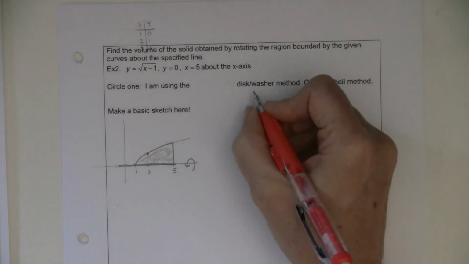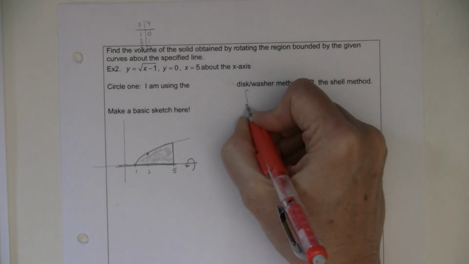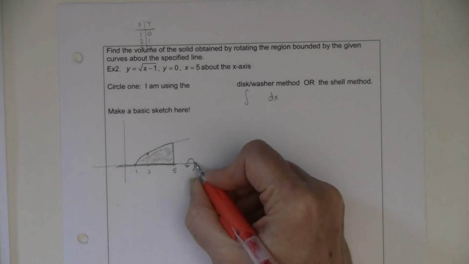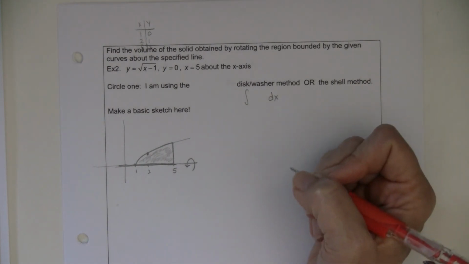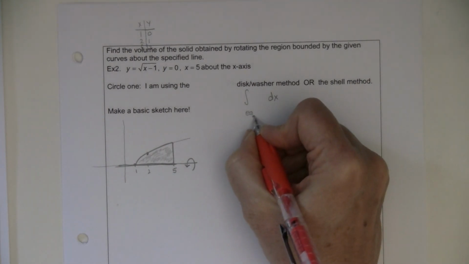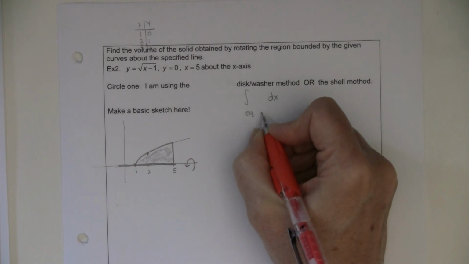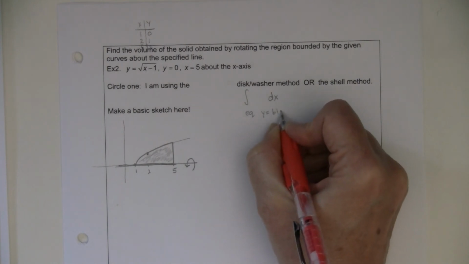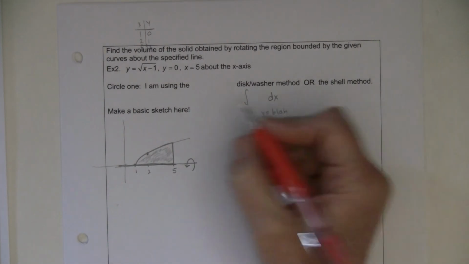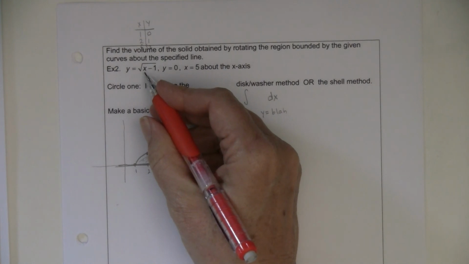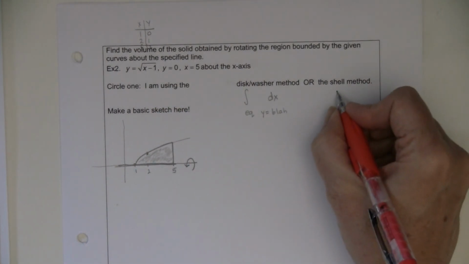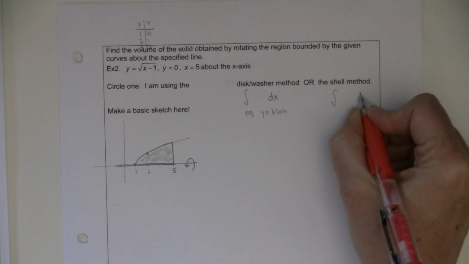So if I was going to use the disc or the washer method, then this would be dx because I'm going around the x-axis, which would mean that my equations need to look like y equals blah, blah, blah. And I'm like, hot diggity dog, that's what I got. So I'm probably going to use a disc or a washer. Whereas if I use the shell, it would always be the opposite.